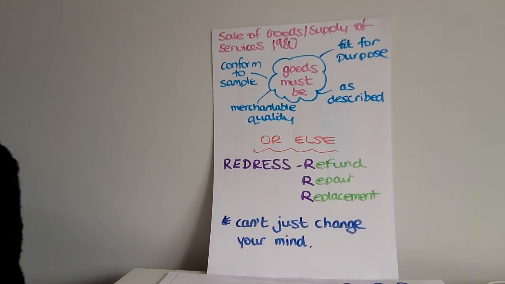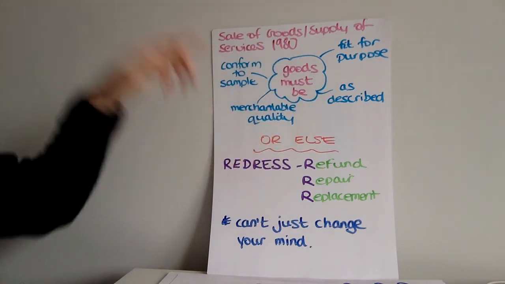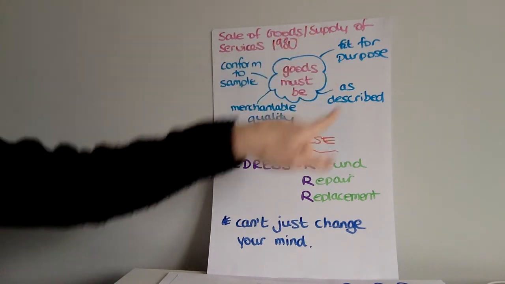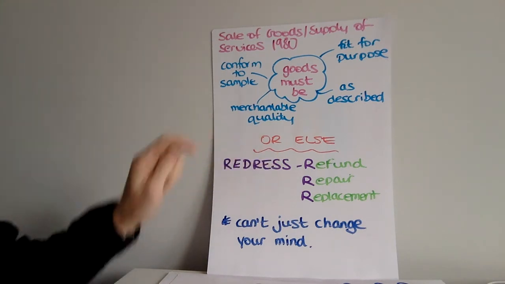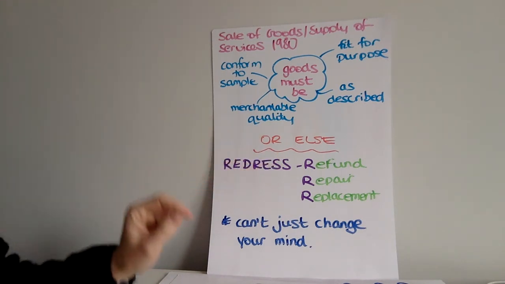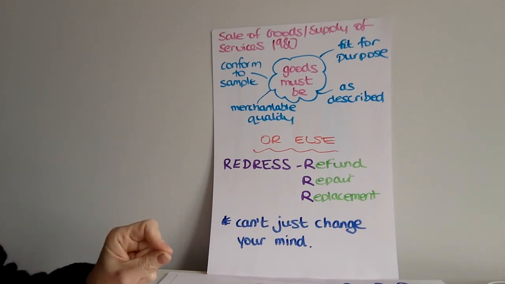Redress is basically compensation. If you buy a good or a service and it doesn't meet one of these criteria, you can go back to the company that you bought the product from and you can demand a refund, a repair, or a replacement.